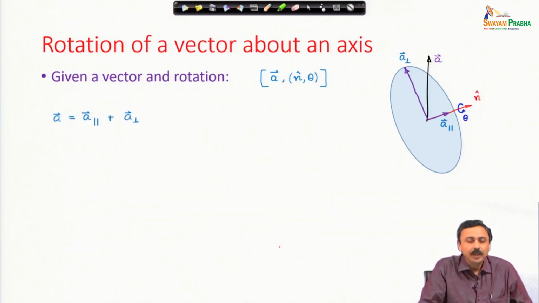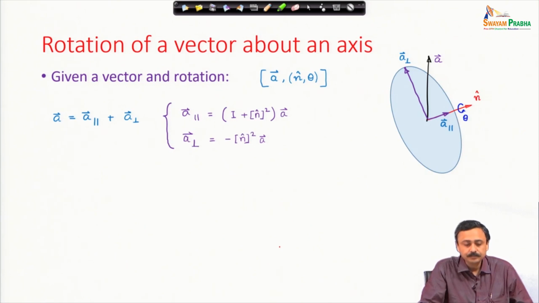Now, A vector is the summation of A parallel and A perpendicular, and recall that A parallel is I plus Rodrigues form of n squared times A vector, and A perpendicular is minus Rodrigues form of n whole squared times A vector.